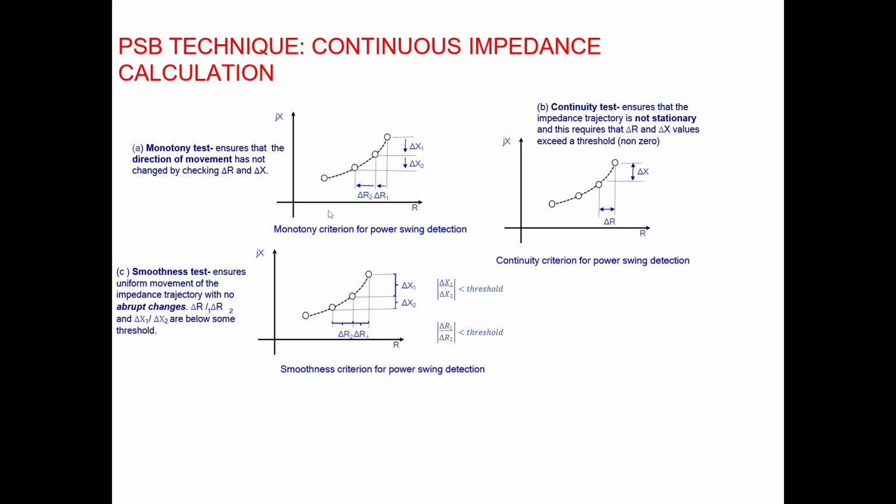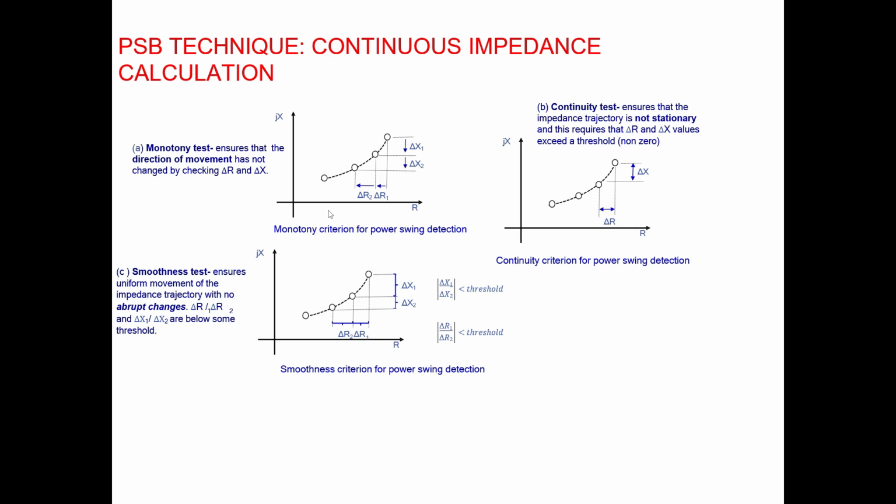Third is the smoothness test. Smoothness test means your delta r and delta x must be changing in the same ratio. Suppose delta x1 is 1, delta x2 is 2, delta x3 is 4, delta x4 is 8. That means whenever you calculate delta x1 by delta x2, this ratio will remain fixed, or this ratio will move but in some smaller fractions.